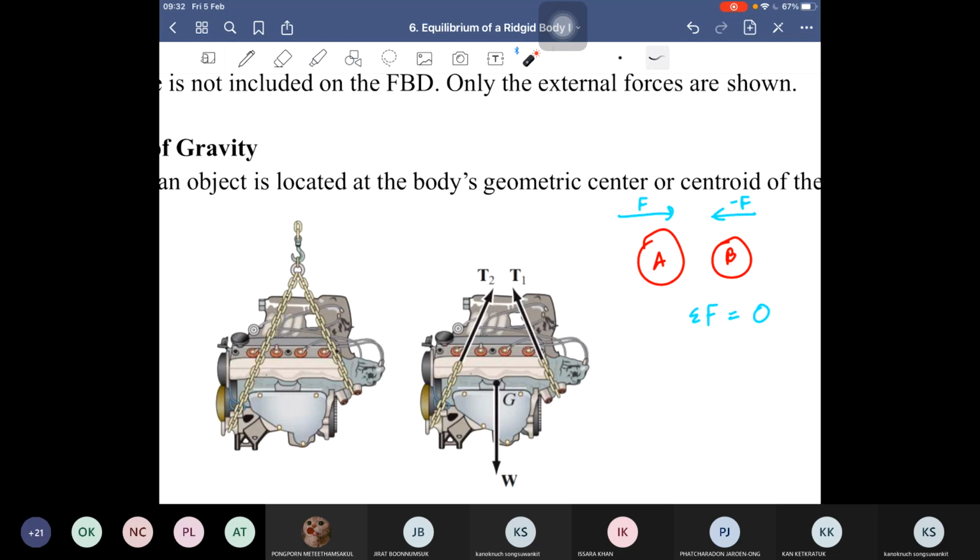But the dimension affects the moment, right? Because the weight that acts on this point and the weight that acts on this point produce different moments. So we have to locate the centroid to state the weight of the object. Okay, but for every rigid body, we cannot neglect the weight. Every object must consider the weight too.